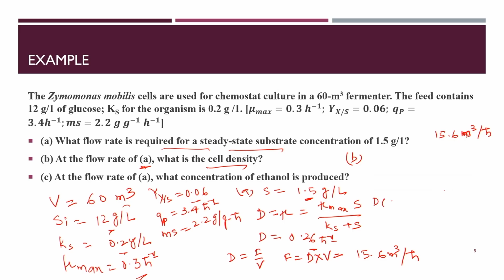It says D into Si minus S equals D upon Yx upon S, Qp upon Yp upon S plus ms into x. From here one can find the value of x. Here ms is given, Yp by S is not there, so we can neglect this term. D is given, only the ms term will be extra. We will get the value of x as 0.42 gram per liter.